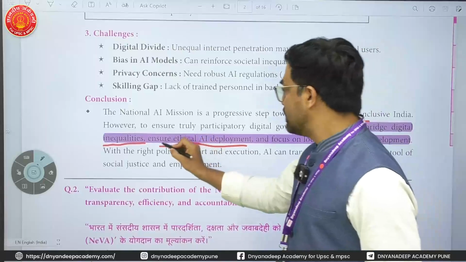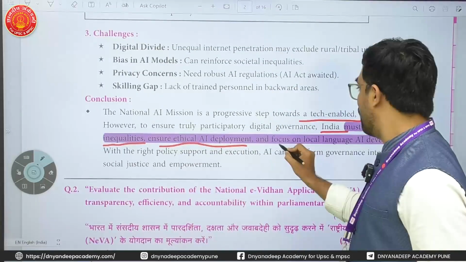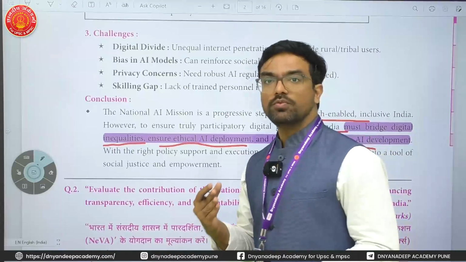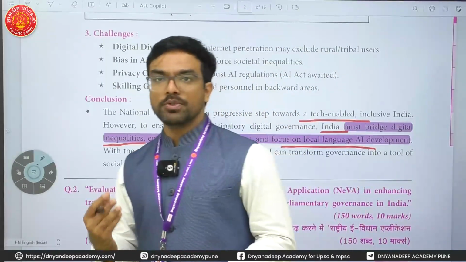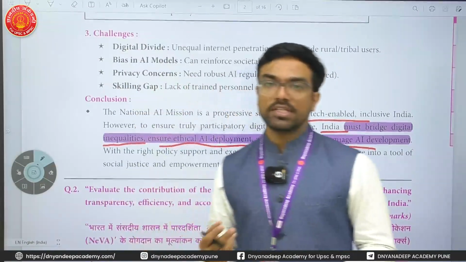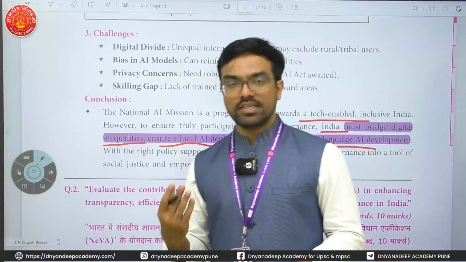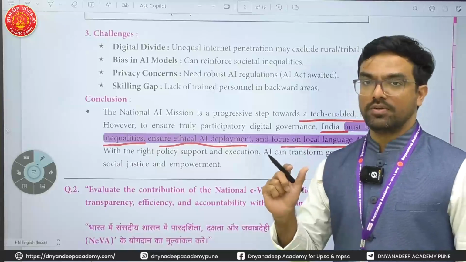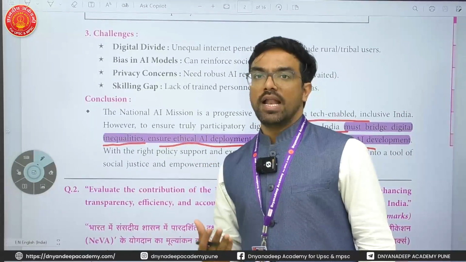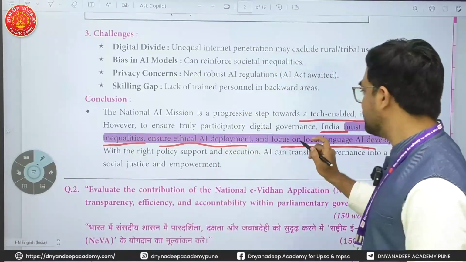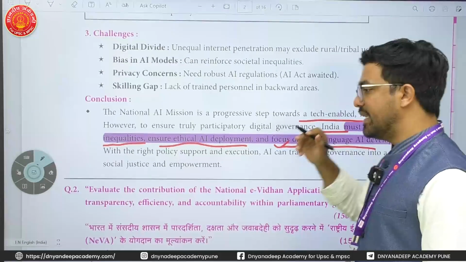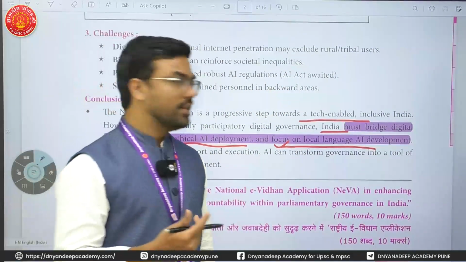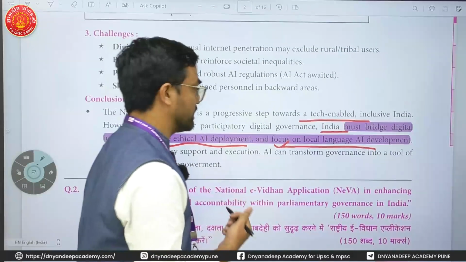So ensure ethical AI deployment and focus on local language AI development, right? Because one of the challenges in adoption of digital technology or AI models is unavailability of services in local, vernacular languages. So to address this language divide, what should we do? We have to focus that these AI models are trained and made available in local languages also.